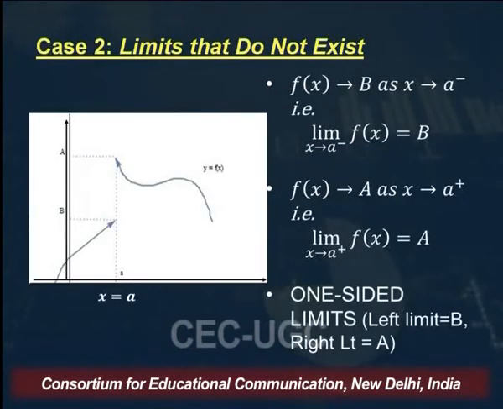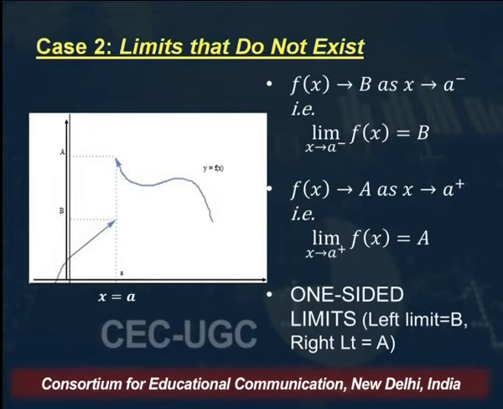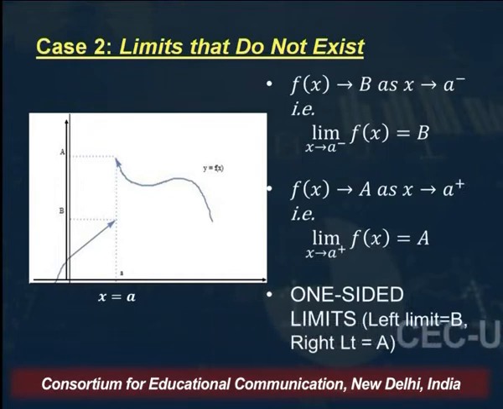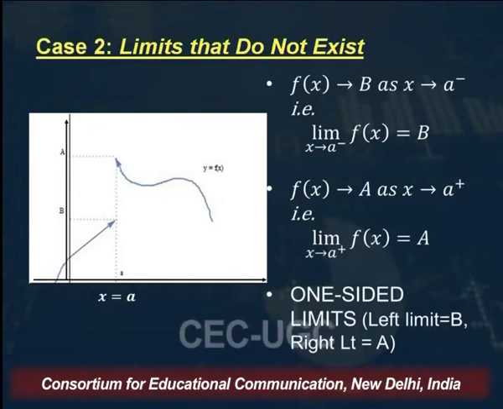Now this is another example where the limit does not exist, and this is to illustrate that sometimes a function might behave in such a way that you may take the limit from either side of a, but the limits are different. In these cases one has to examine the one-sided limits, because sometimes these come in handy.